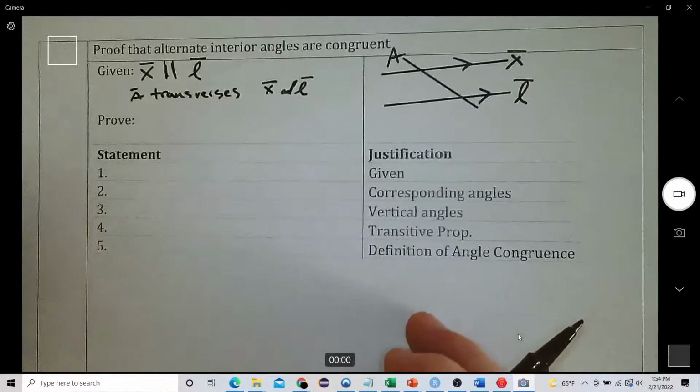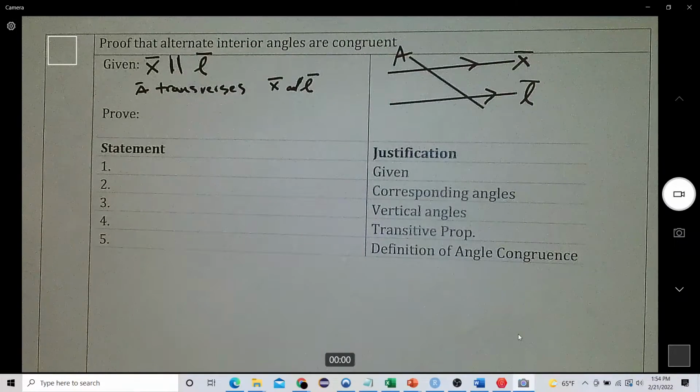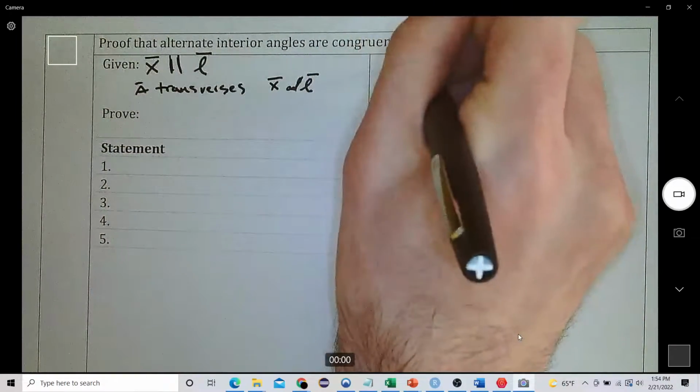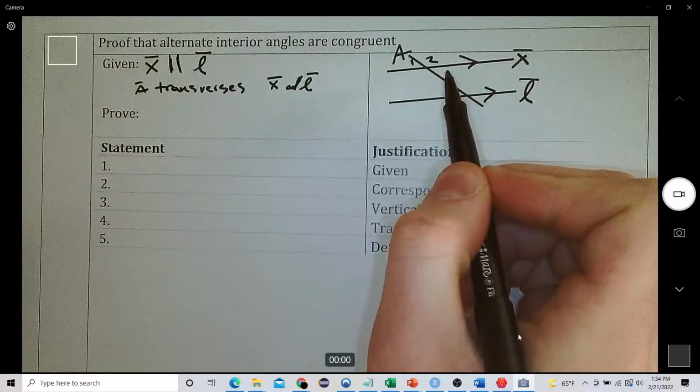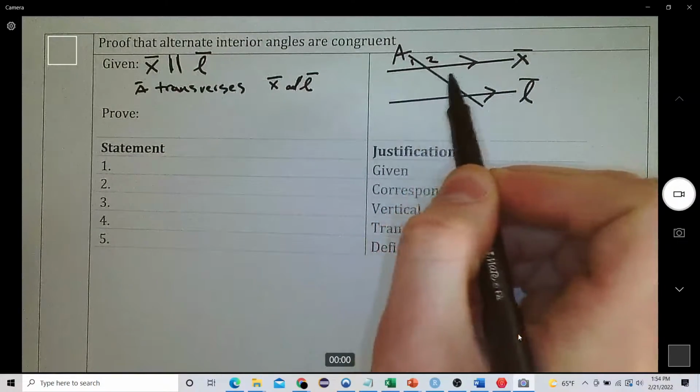Okay, so to start, what are we proving though? That's the question. We need to show some kind of alternate interior angle relationship. So let's label some angles. Let's label this one 1, this one 2, and should we put 3 on the right or 3 on the left? On the right?